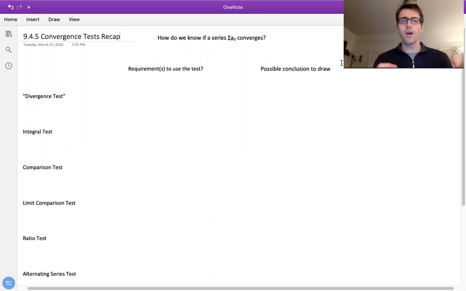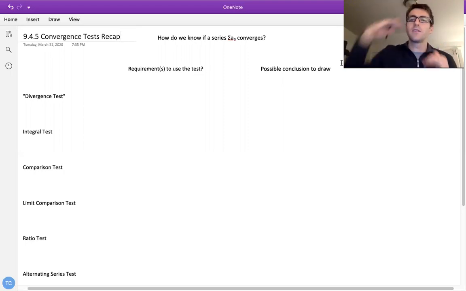Okay, so starting off, the main question that we're asking is, how do we tell if a series converges? And again, just to reiterate, when we're talking about a sequence, which is just an infinite list of numbers, if we want to know if that sequence converges, we just ask, all right, are these values approaching some set value?